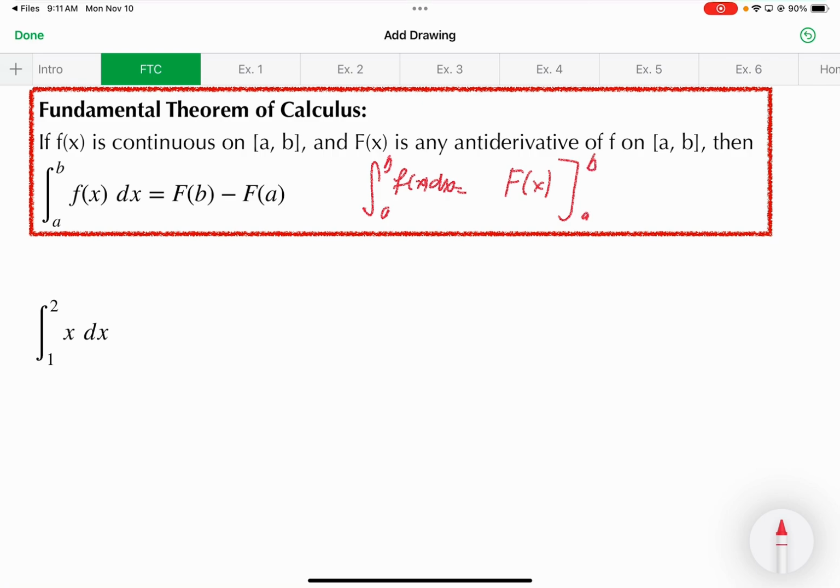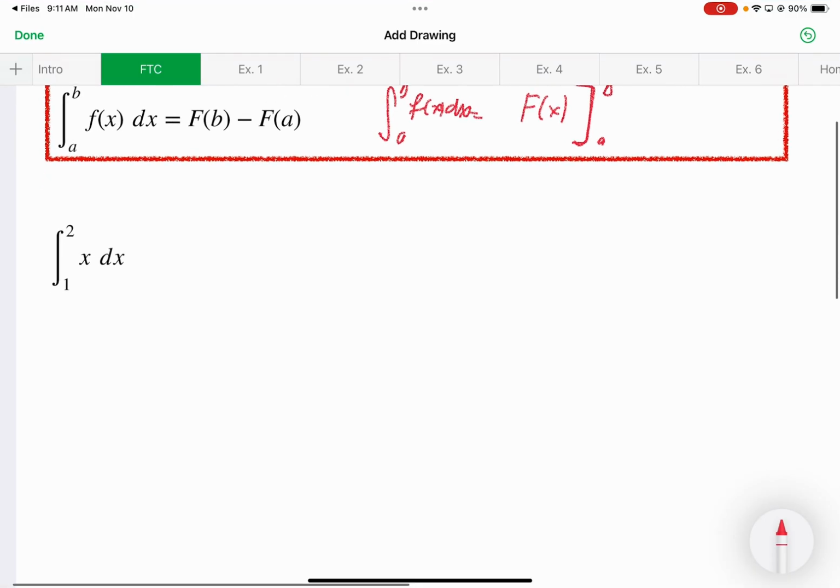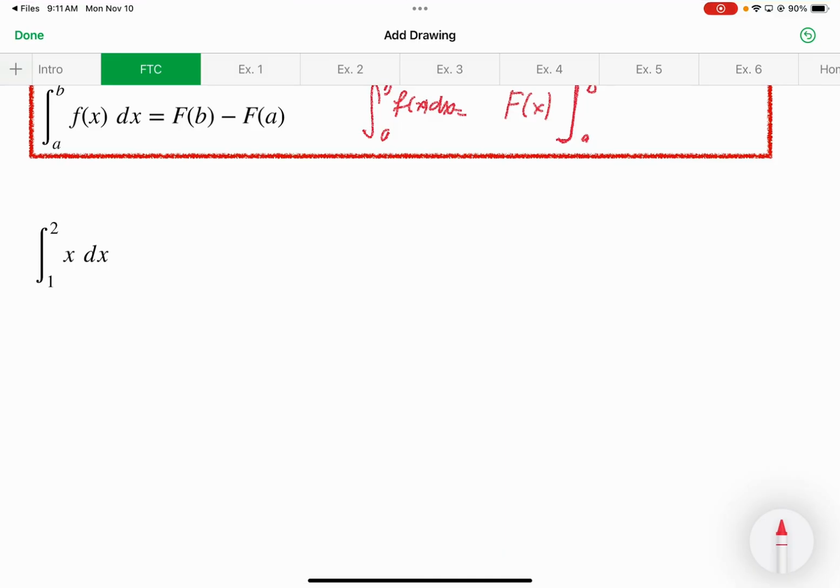So I will typically find my antiderivative, and then I'll write it with a bracket or just a straight line with the limits attached to it, just to remind myself that I need to evaluate my integral with those limits, okay?